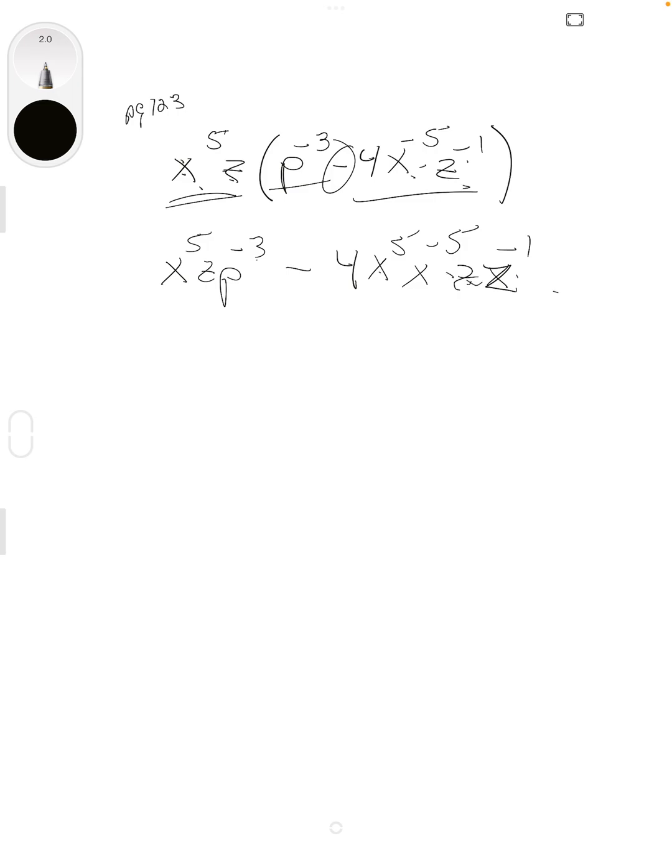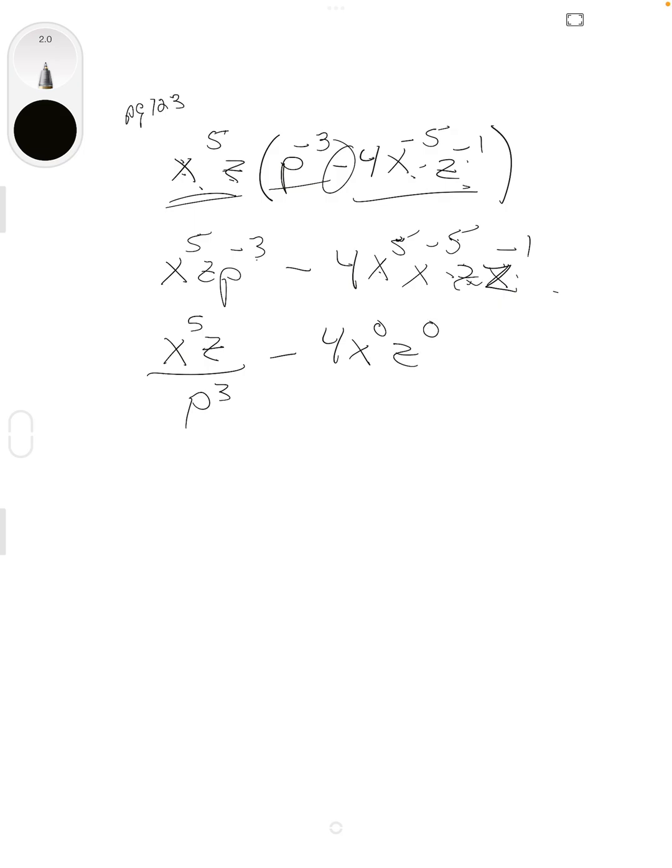So I'm just writing it out. Well, in this case, if I'm going to write this without negative exponents, that one would look like that. Minus 4. What's x to the 5th times x to the negative 5th? 5 plus negative 5 is 0. Okay, so I end up with x to the 0. And then z times that's z to the 0.